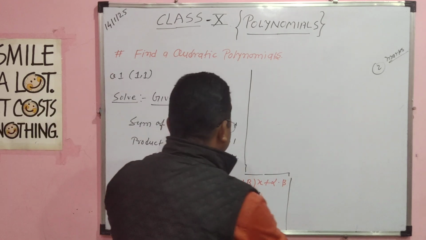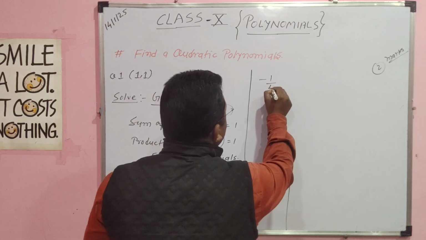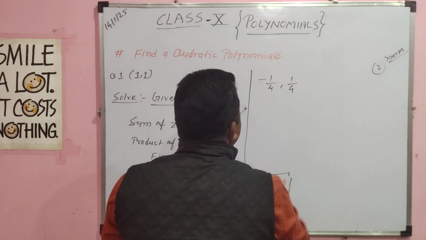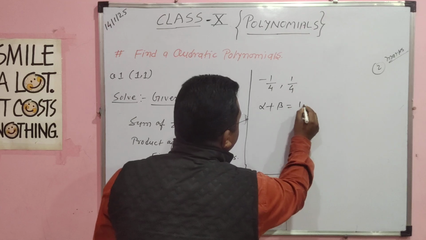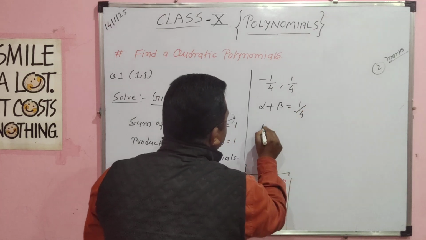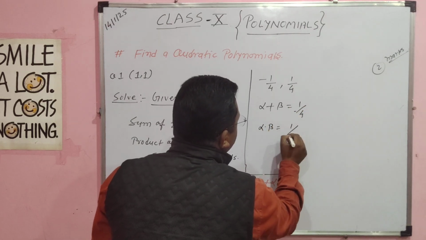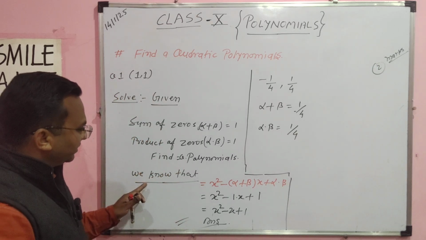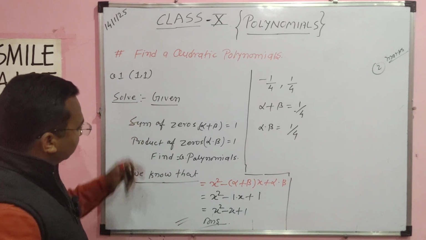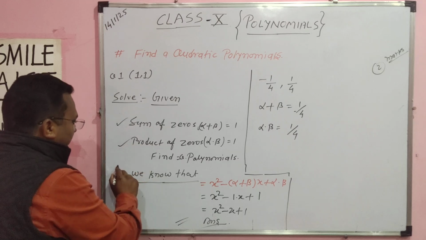Also solve the second question. The second question is minus 1 by 4 and 1 by 4. So we directly write here alpha plus beta equal minus 1 by 4 and alpha into beta equal 1 by 4. When you solve a question in an exam, write direct steps like that.